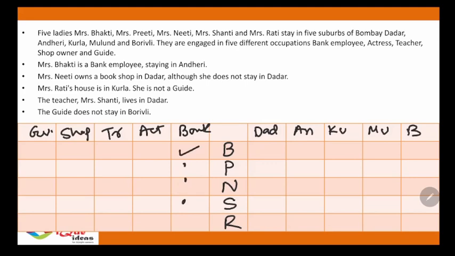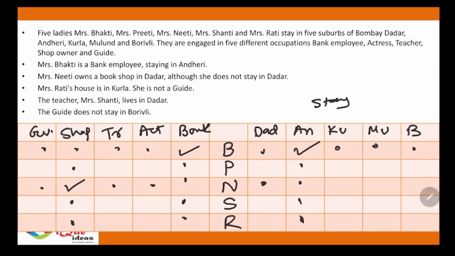These are the best clues because you can directly start filling in the table. And she stays in Andheri. You won't get a better clue than this in life. Now Neeti owns a bookshop in Dadar, but she does not stay in Dadar. These places are where they stay, not the location of their shop. So don't get confused and say Neeti is in Dadar, because Neeti's bookshop is in Dadar, but Neeti herself does not stay in Dadar.